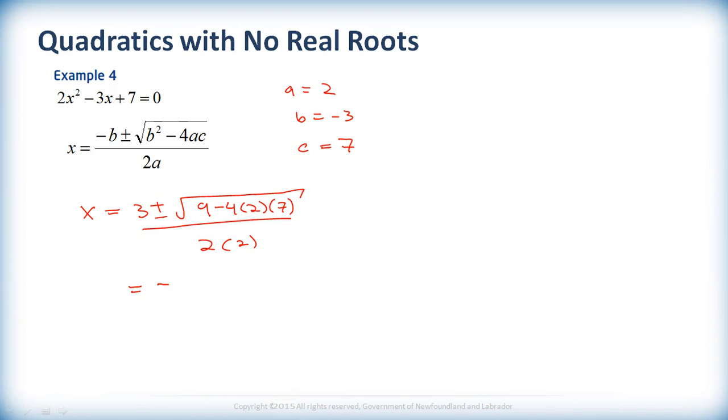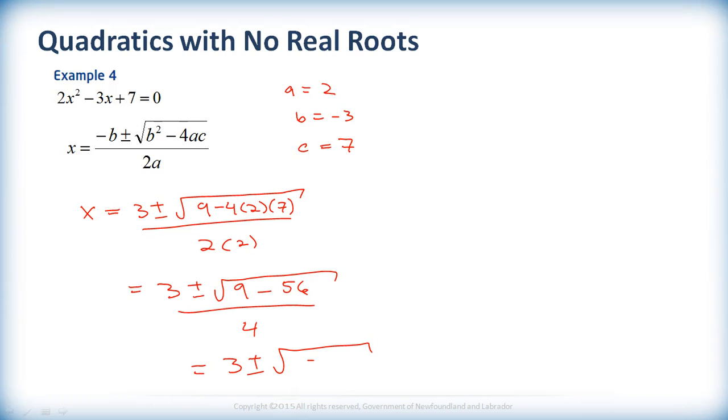It's 2 times 2, so it's 3 plus or minus the square root of 9 minus 4 times 2 times 7, which is 56, all over 4. 9 subtract 56 is, by my estimation, negative 47. How can I take the square root of a negative number? I can't. So in this case, when I get a square root of a negative, I get no real roots.